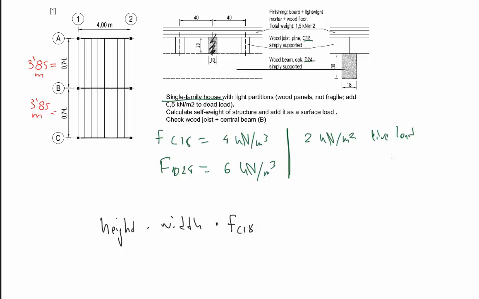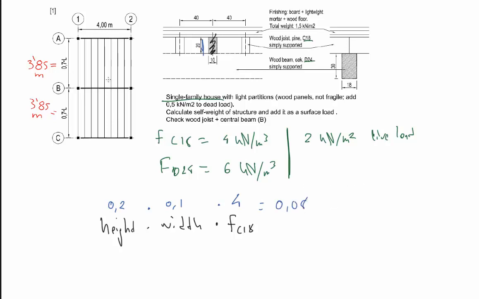C18, which is 0.2 times 0.1 times 4, which is 0.08.